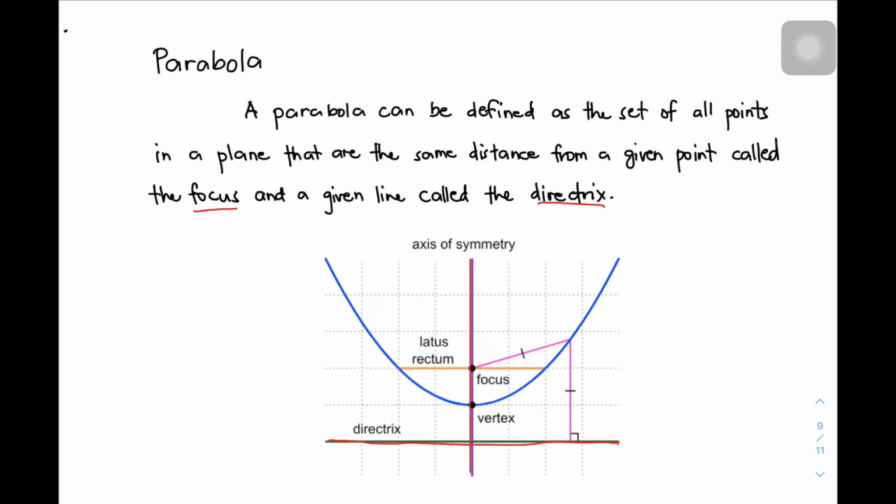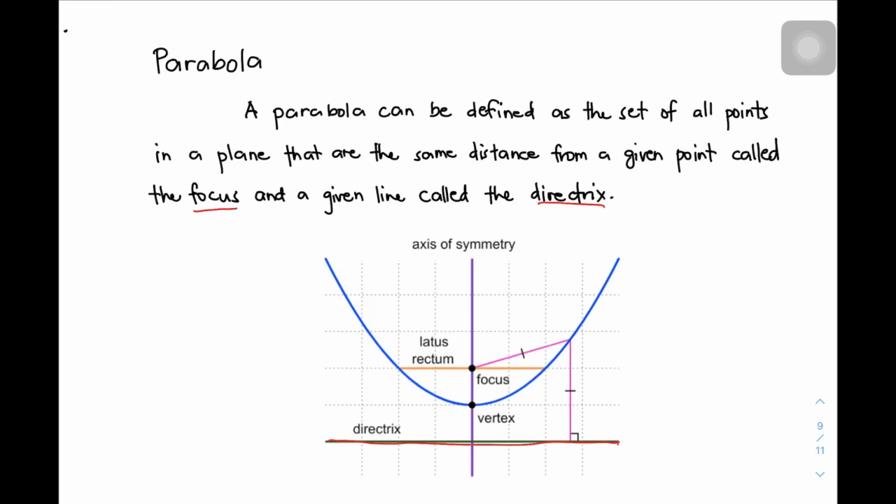The same with the face of a person. Ang bawat face or body ng isang person ay meron tayong axis of symmetry. So it's the line that creates a mirror effect. Okay? So those are the parts of the parabola.